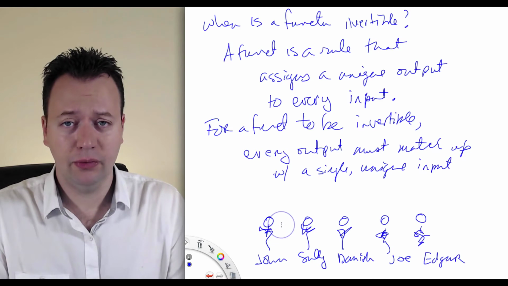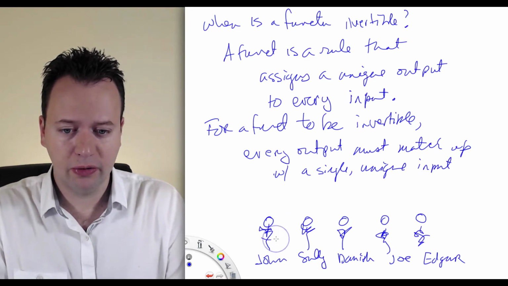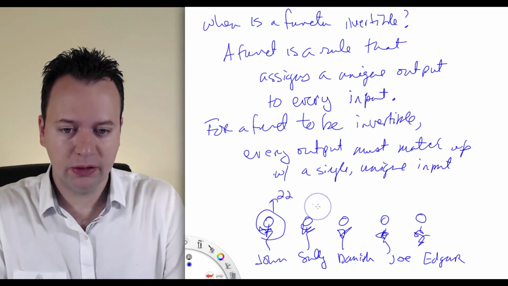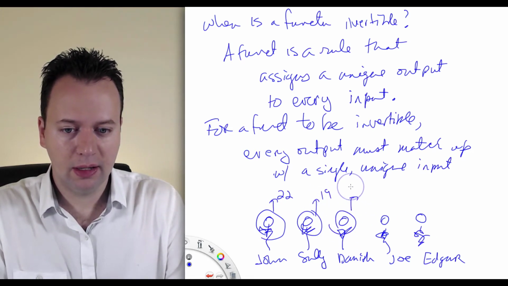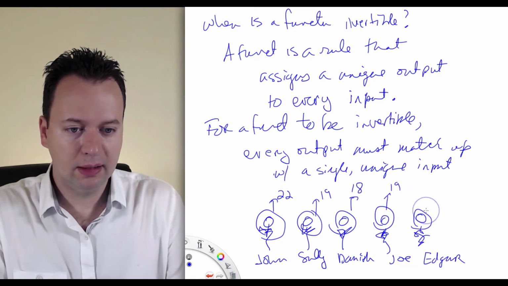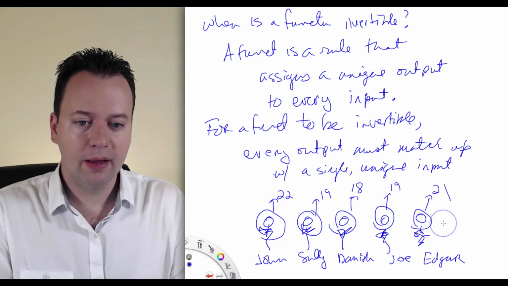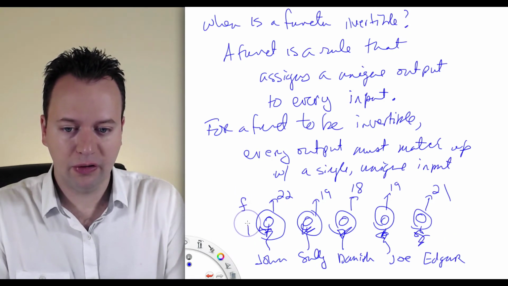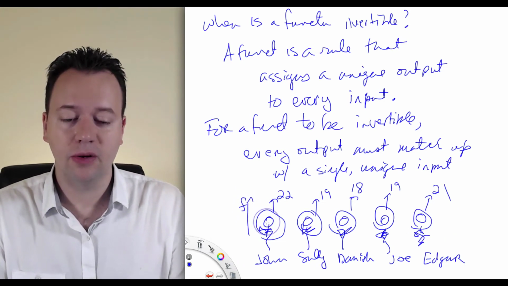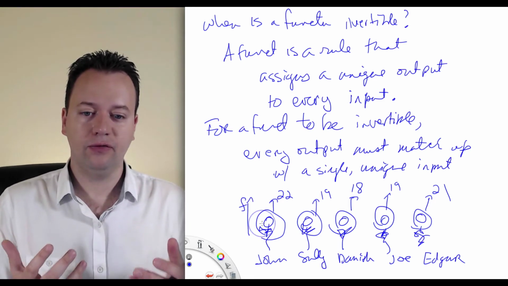The function returns the age of the student. John is 22, Sally is 19, Danish is 18, Joe is 19, and Edgar is 21. So f goes from the person to the age. The question is, is this function invertible?